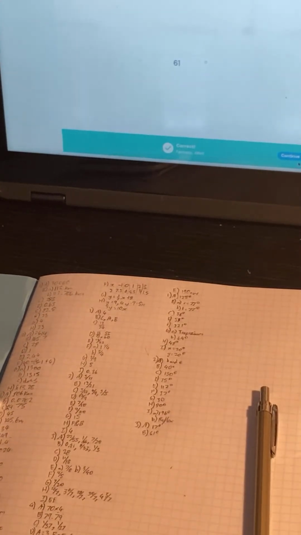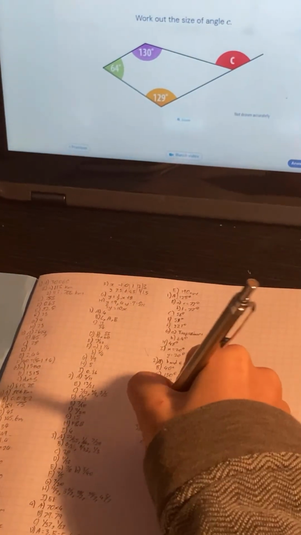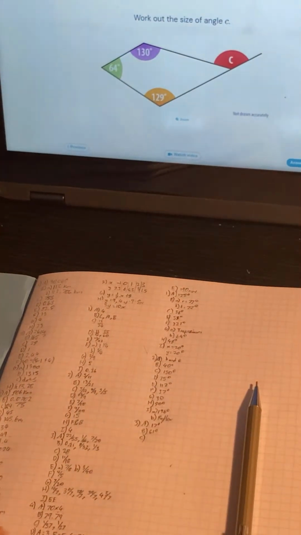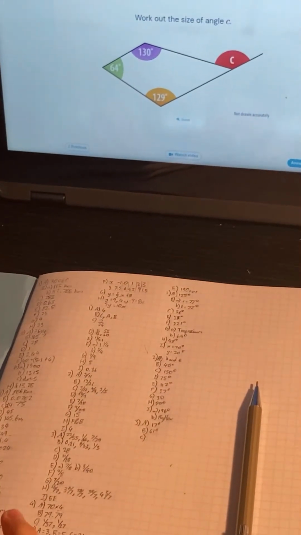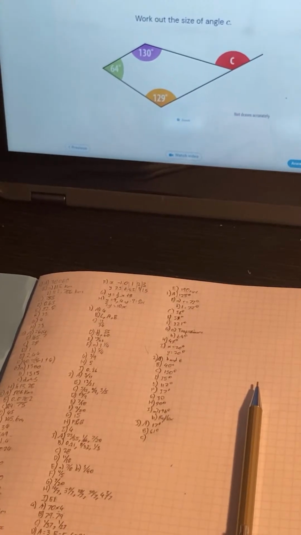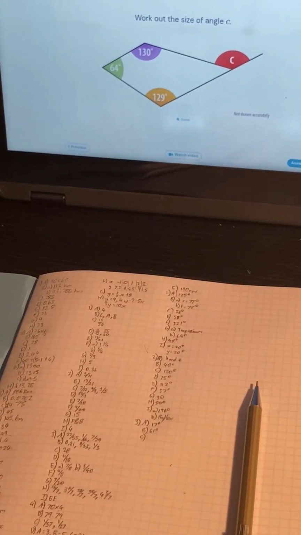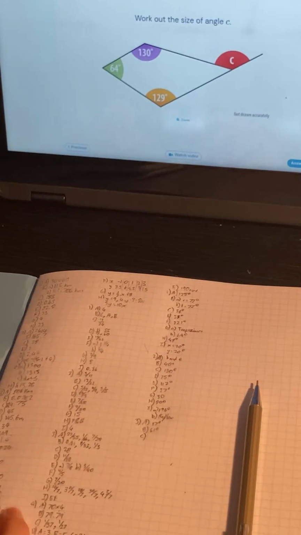Right, C. I see C. 360 subtract 130 subtract 64 subtract 129, 180 subtract that.